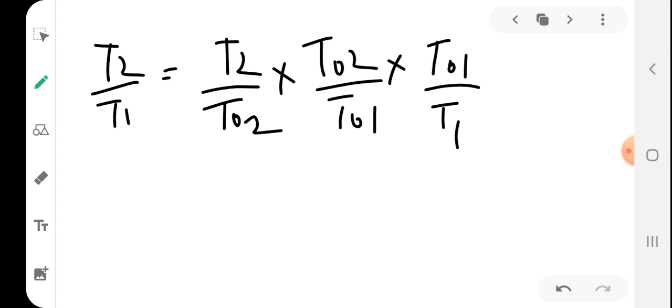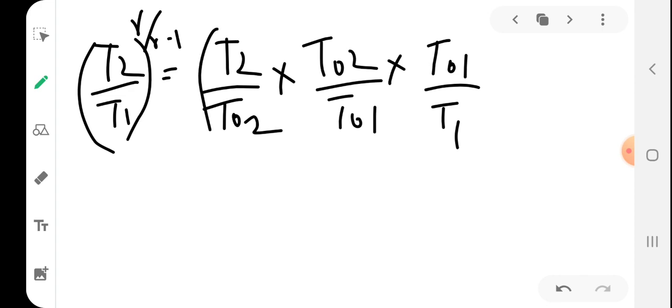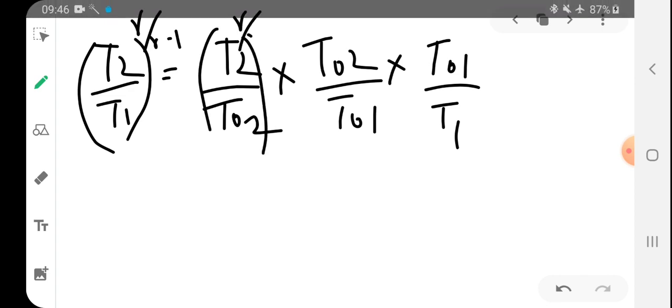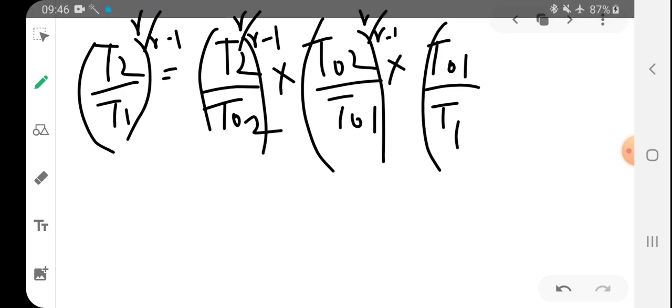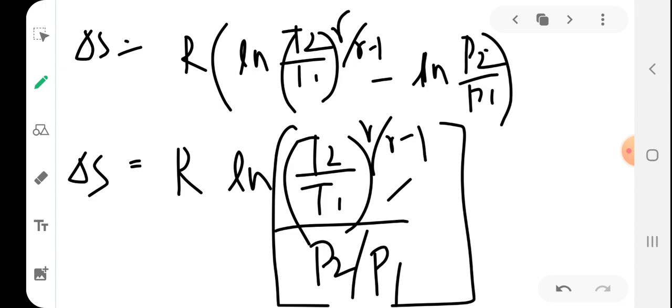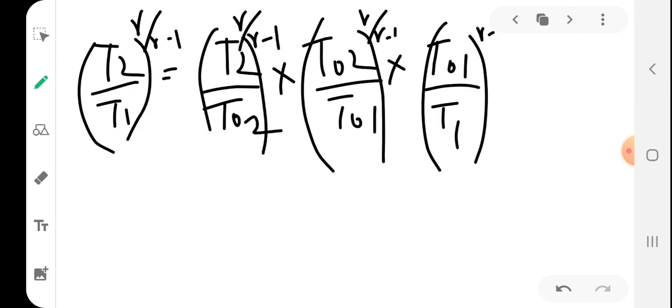So if you add gamma by gamma minus 1 here, it means you should multiply by gamma by gamma minus 1.